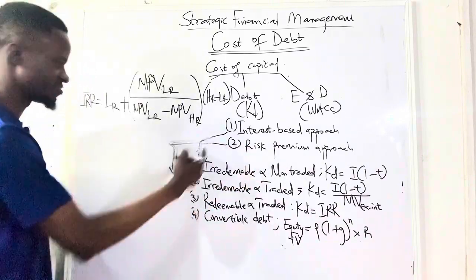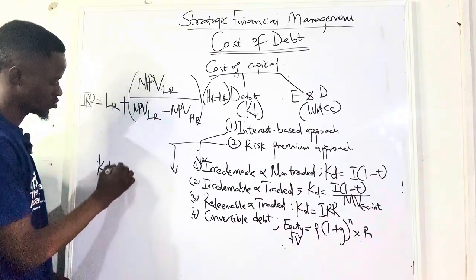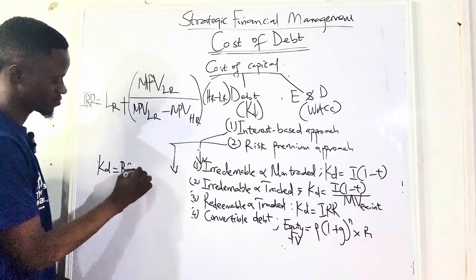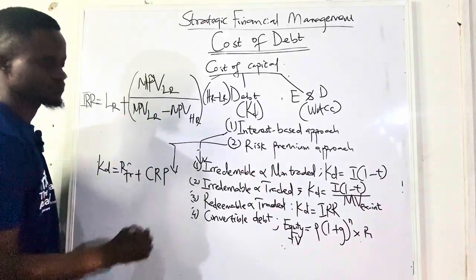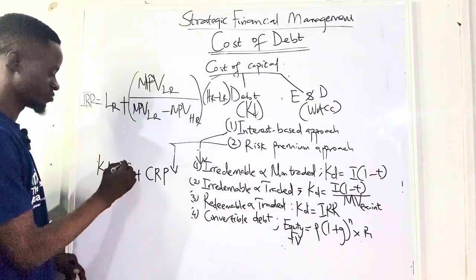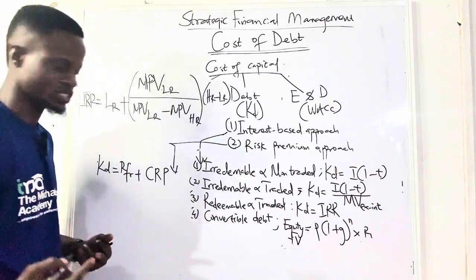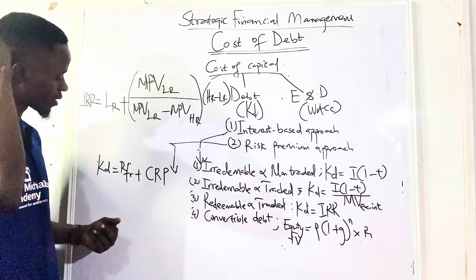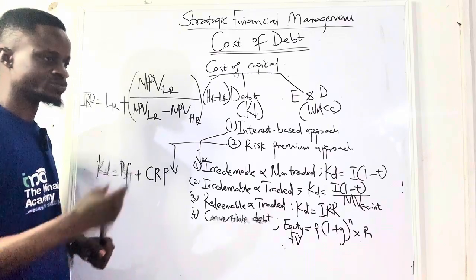So what is the formula? The formula is also similar. KD is equal to risk-free rate plus credit risk premium. That's that. Risk-free rate, we already know what the risk-free rate is. We explained that in the previous classes, right? So credit risk premium is just talking about the risk attached.